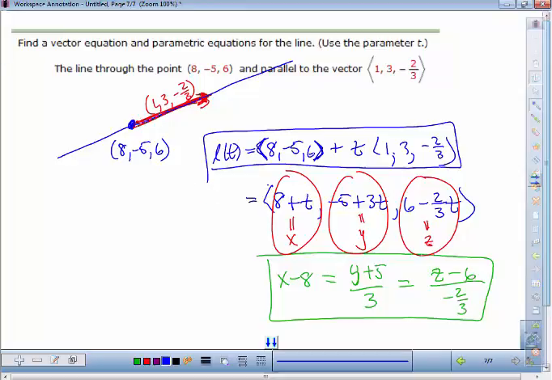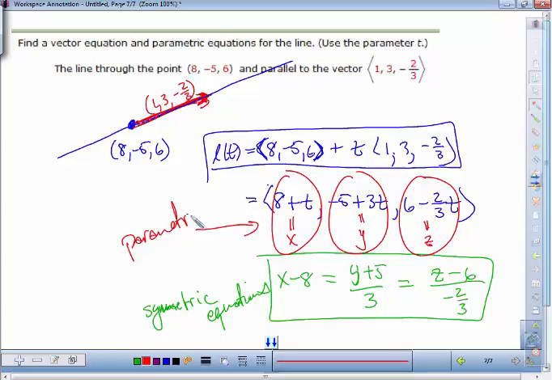Symmetric equations, because I think there's 2 m's in symmetric, yeah. So those are just the ways to describe your line.